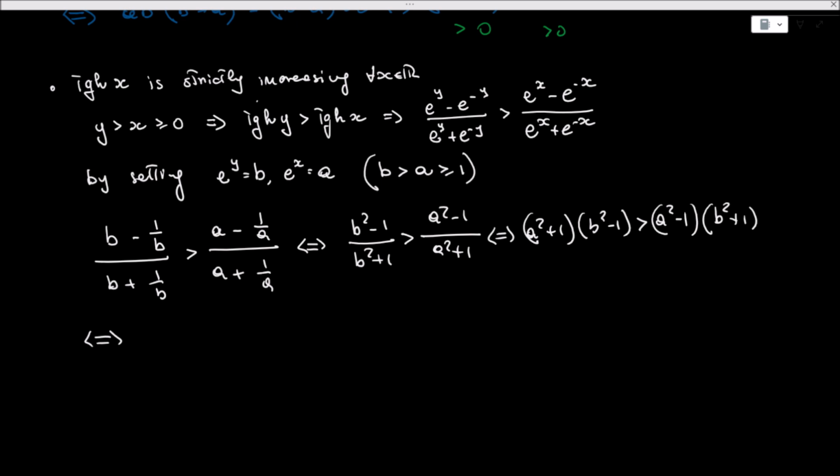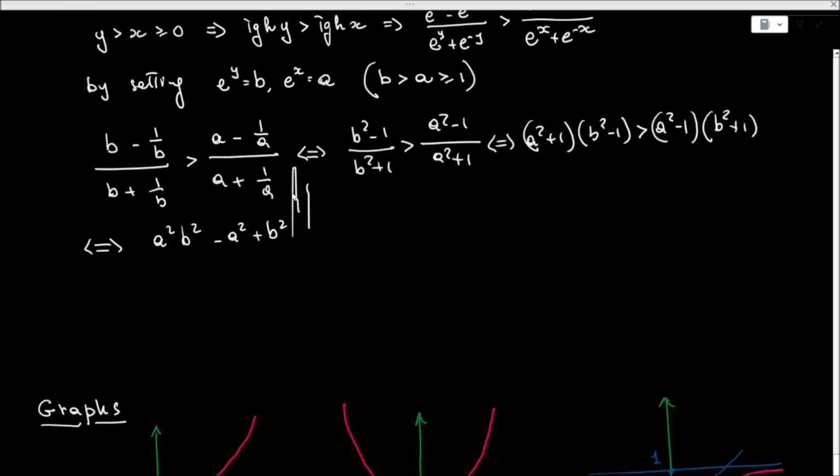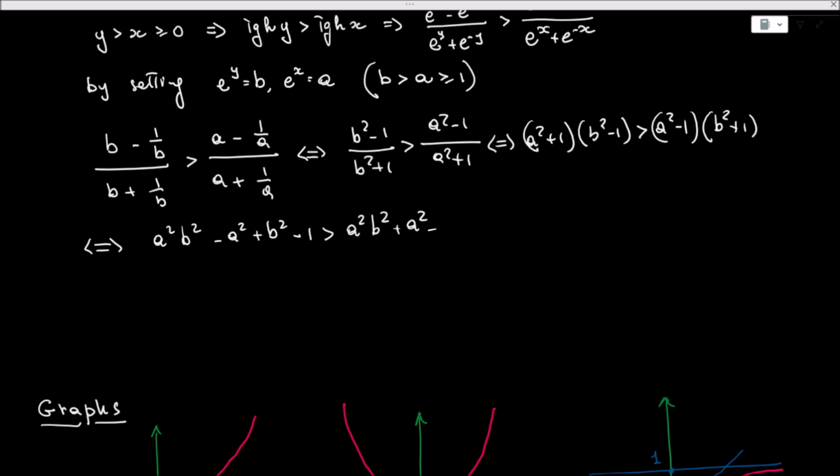And this, if we develop the product, we get at the left hand side a²b² minus a² plus b² minus 1, larger than a²b² plus a² minus b² minus 1.